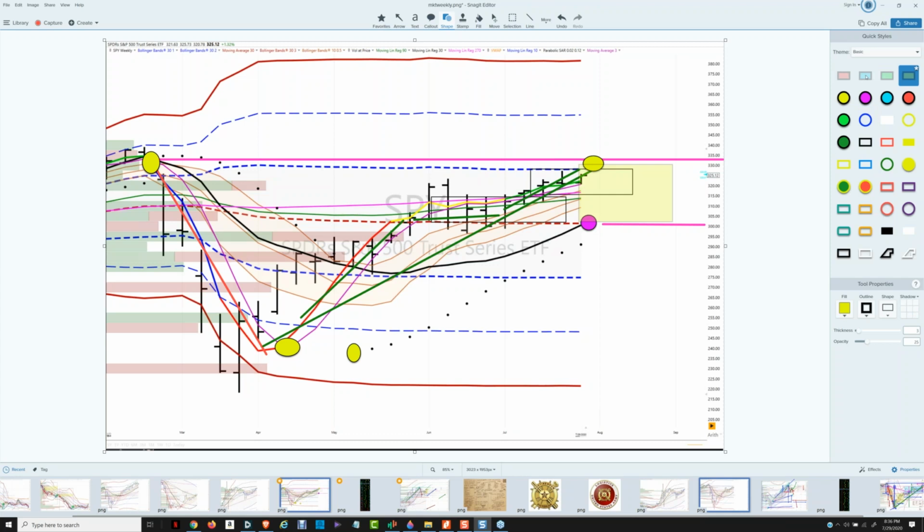In this area. And I really want to see it get above, I'll call it 330. And then anything below that 300 would be disastrous. Okay.